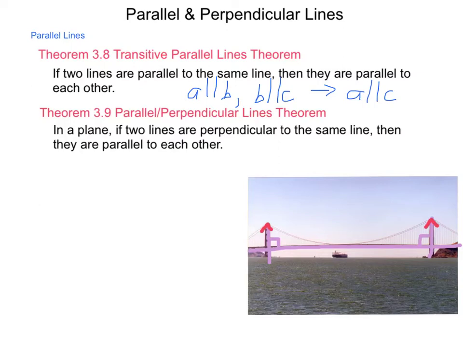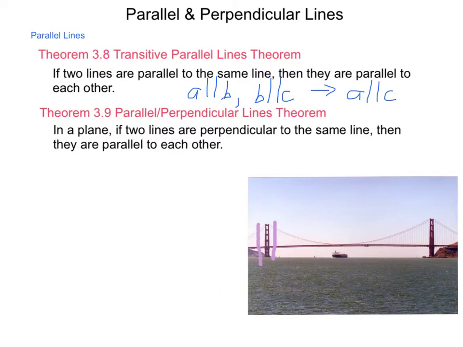Now, the transitive parallel lines theorem, if we were to take a look at these items again and look at things more broken down inside of the bridge, if we were to take the far side of the left tower, the part closest to here, and the near side of the far tower, they are parallel to each other.